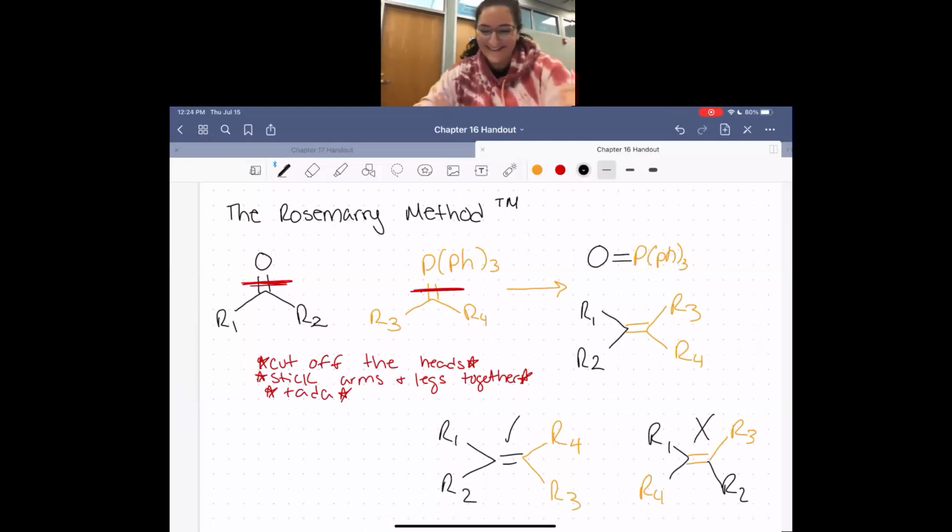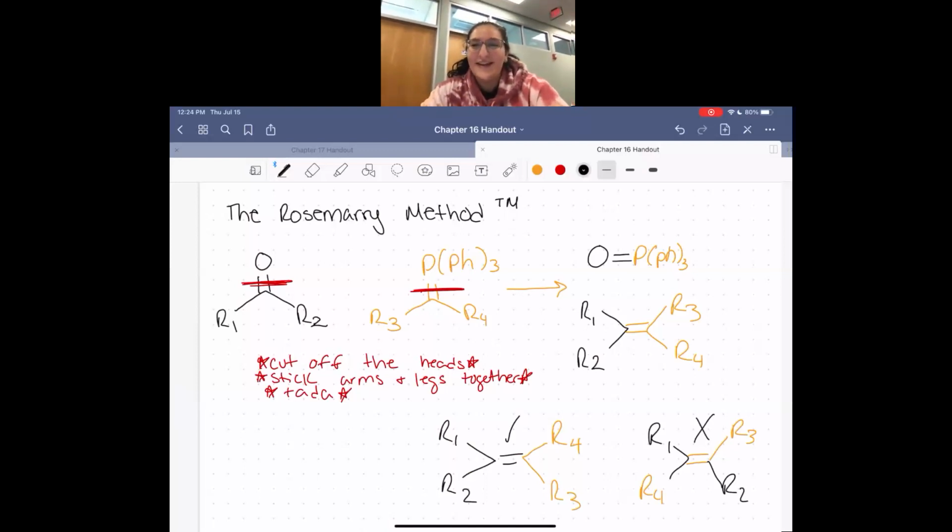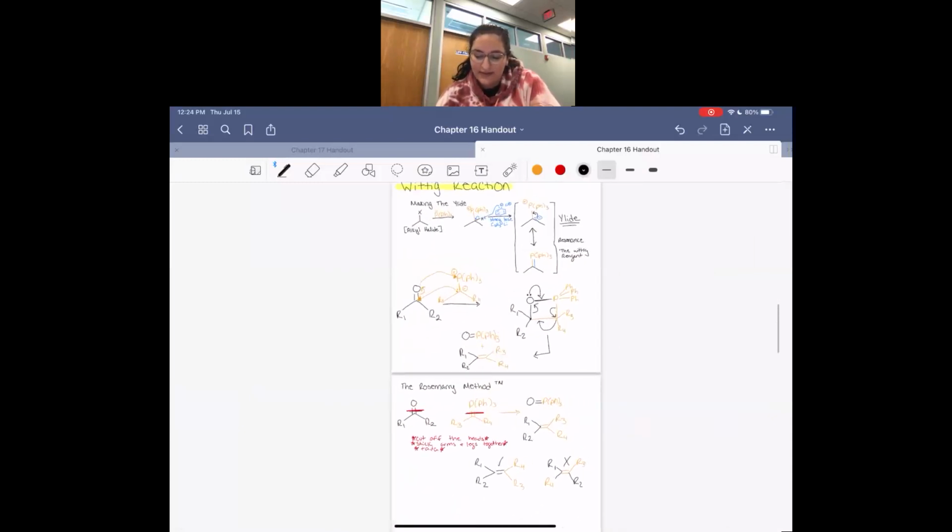Okay. So, do we have any questions, comments, concerns, anything of the sort for this reaction? Okay. Doesn't look like it. So, cool. I will zoom out so you can see all of the Wittig stuff at once.